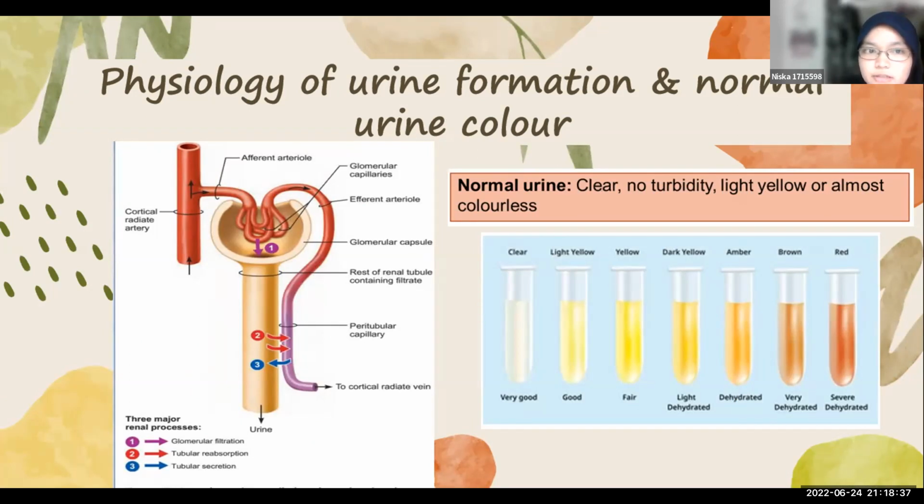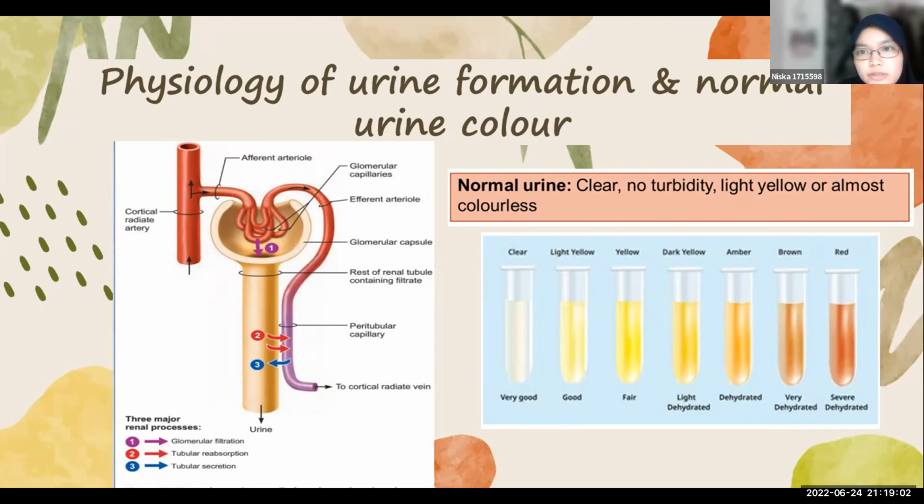So filtration is when water and solutes other than protein are forced into the renal tubule. While reabsorption is when water, glucose, minerals, ions, and any wanted molecules are transported back into the blood. While secretion, the unwanted solutes like creatinine and drugs are secreted back into the urine.